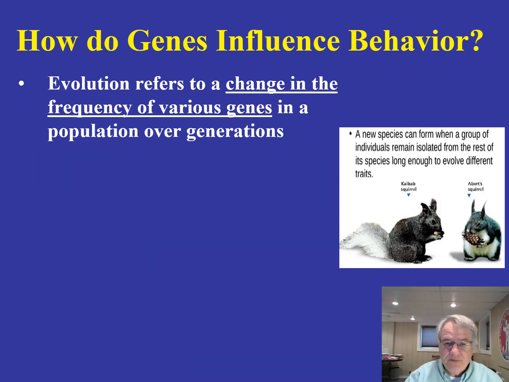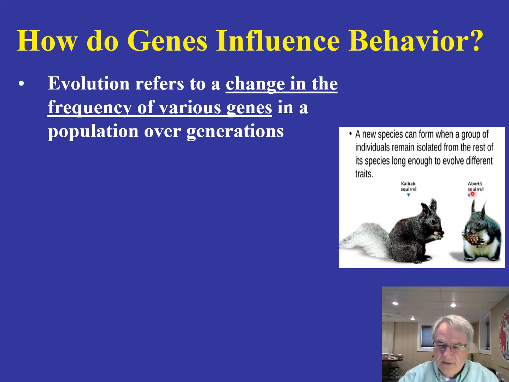So how do genes influence behavior? Well, evolution is changing the gene pool, is changing the frequency of various genes over generations. And you see there in that picture, two types of squirrels.